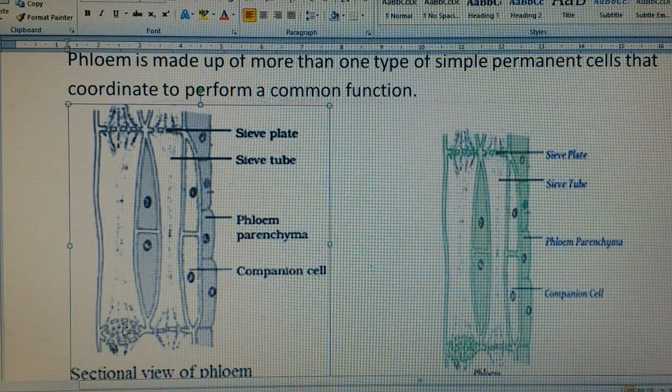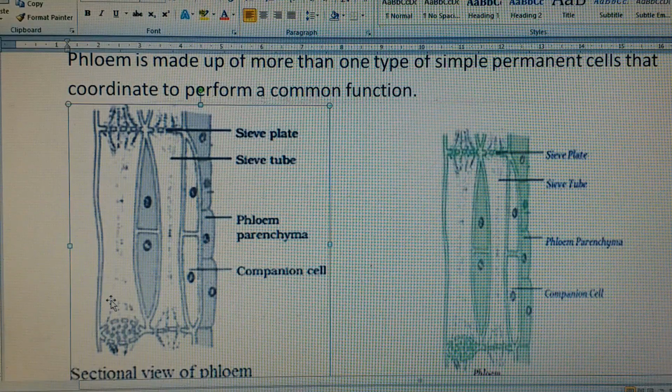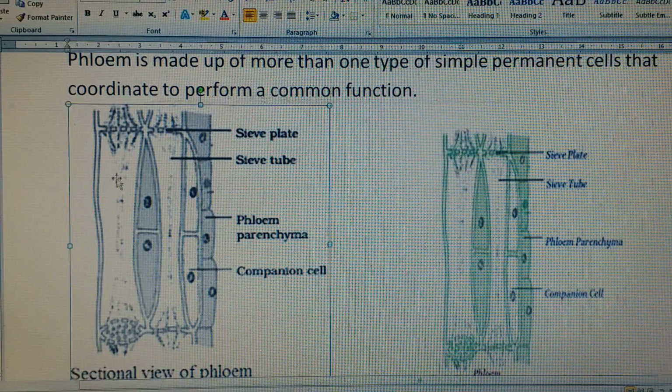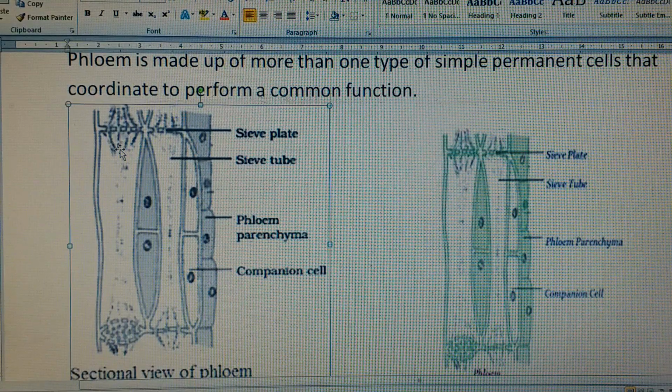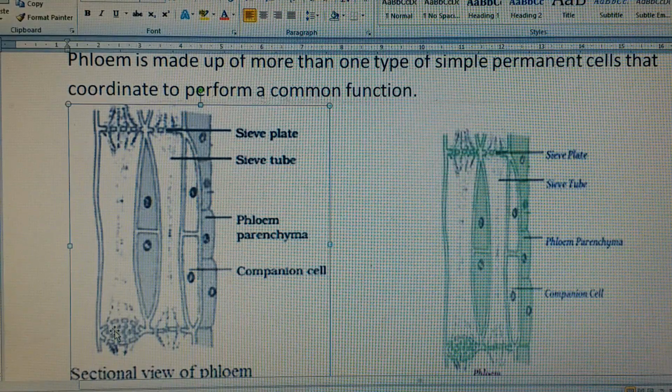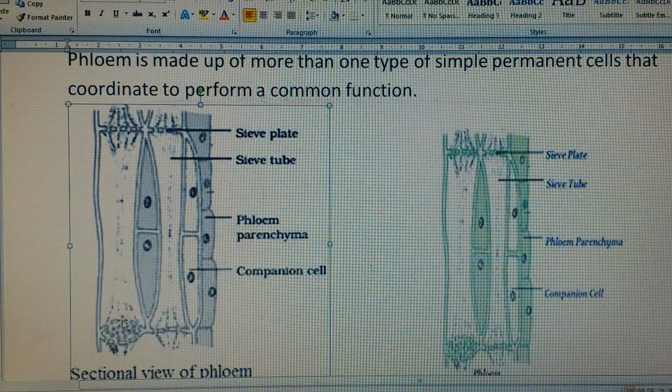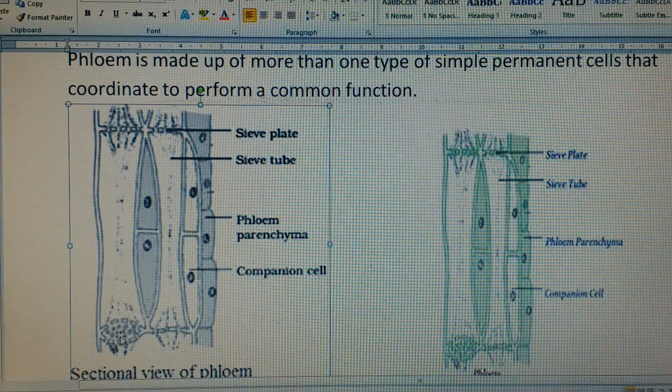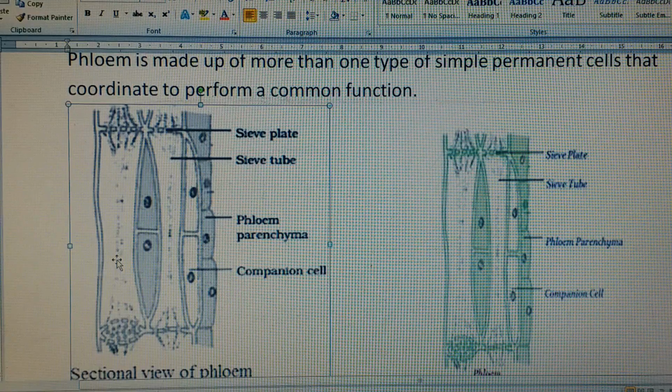This is similar to the lotus stem, a vegetable you eat. These pores are present at both ends of the cells, so it looks like a sieve, a chhalni, okay? That is why it is called a sieve plate or the sieve cells.